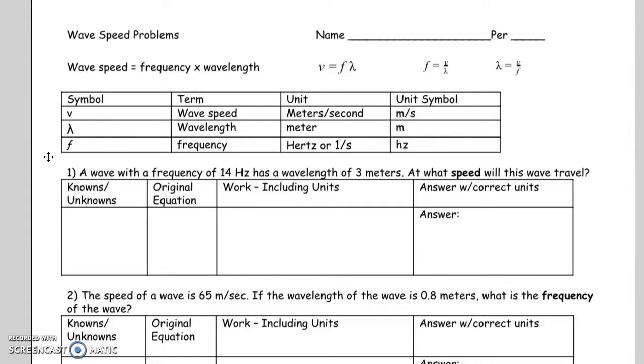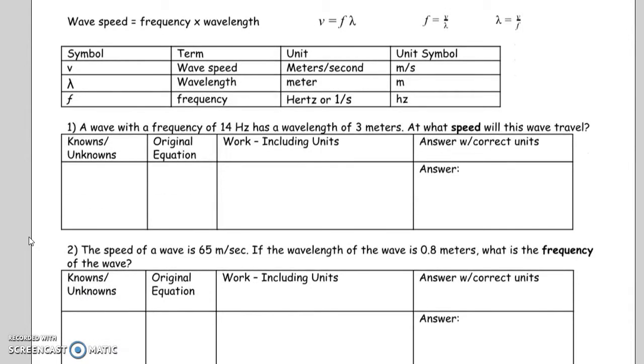And the F stands for frequency. The unit of frequency is hertz or per second, and the unit symbol that we use is Hz, the abbreviation for hertz. So let's go ahead and get started now.